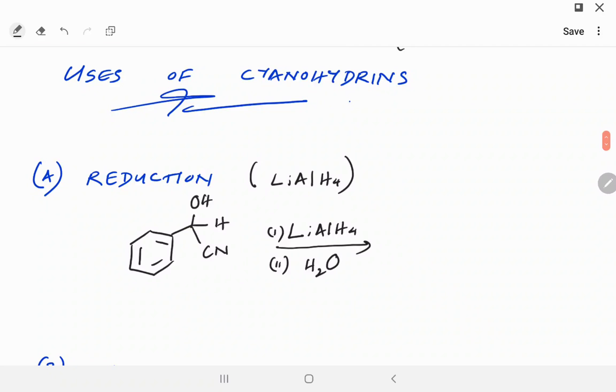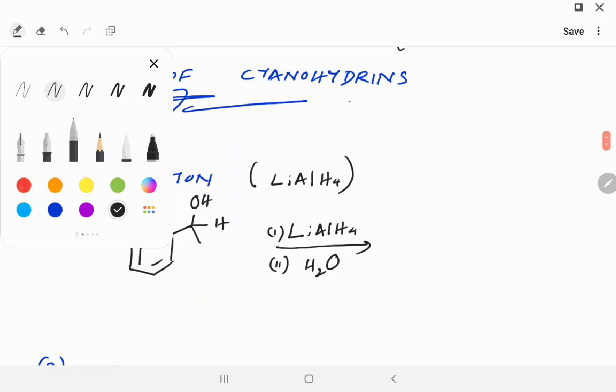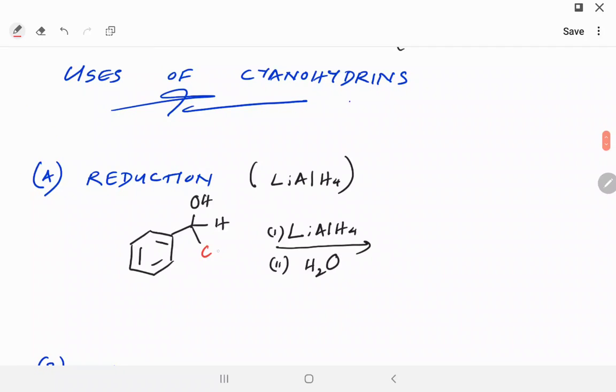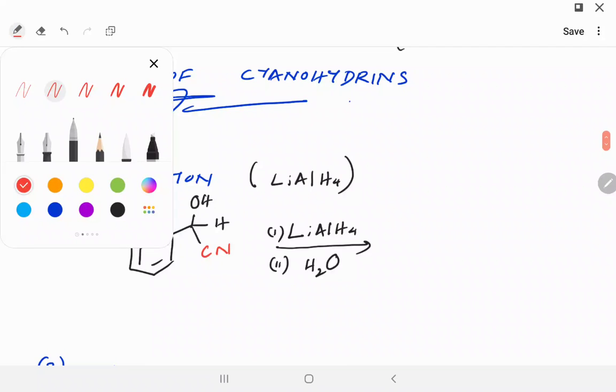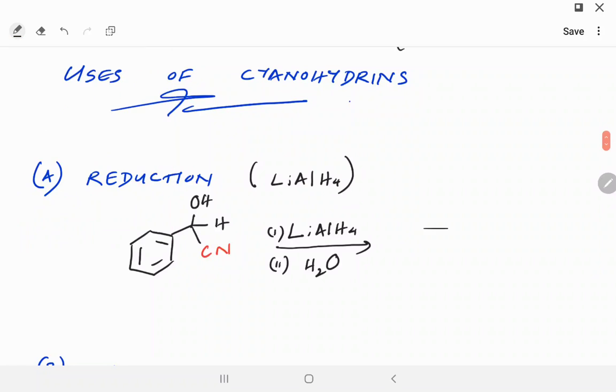This is a reduction, and what happens is that this cyanide group right here, let me write it down in a different color so that it will be clear to you. The cyanide group will be reduced. So basically, the product that you get is something like this. Pay attention to what happens. Benzene group will remain unchanged.